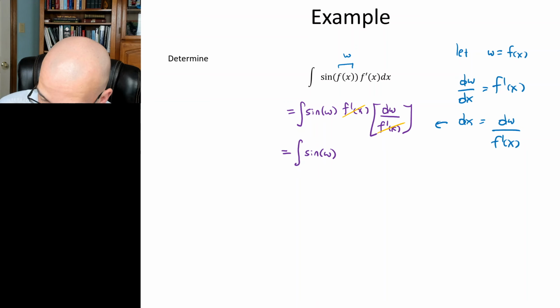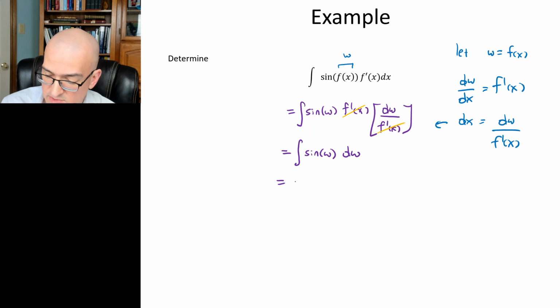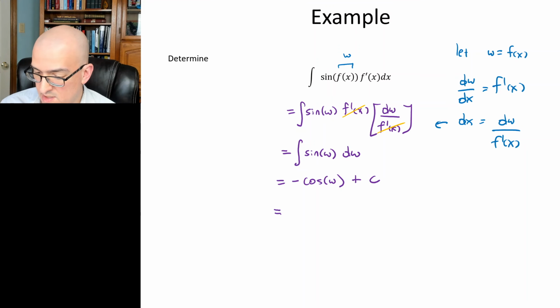Sine of w, dw. Okay, well, what do we take the derivative of to get sine? It's not cosine. Derivative of cos is negative sine of x. So we need an extra negative in front. Negative cos of w plus our constant of integration. And now we can replace w by f of x.